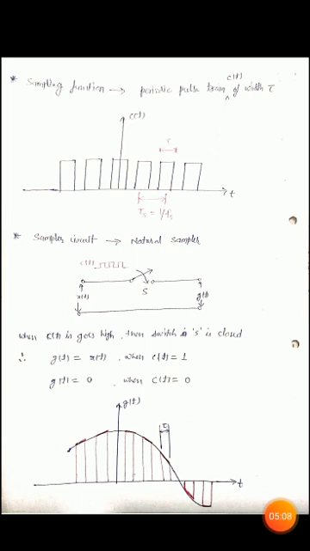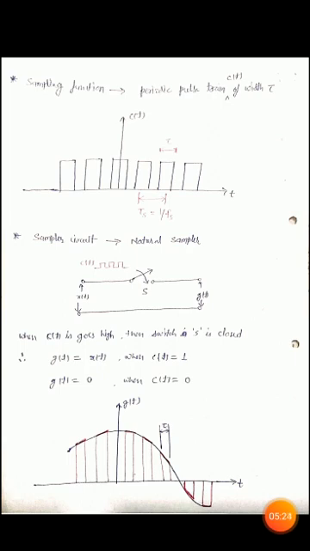When the pulse c(t) is high, equal to 1, then g(t) becomes equal to x(t), and when c(t) is equal to 0, then g(t), that is the natural sampled signal, is equal to 0.